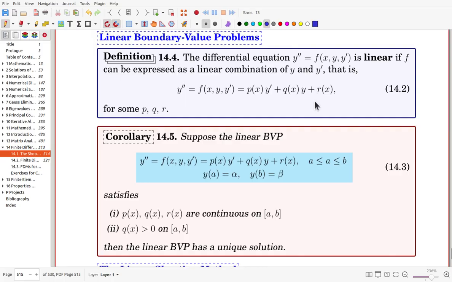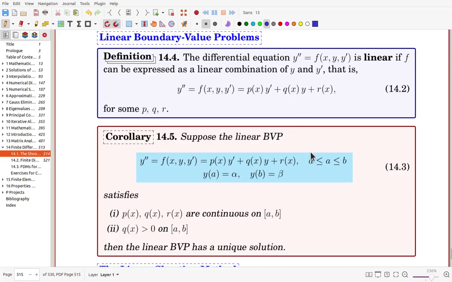Look at this equation. y'' is f. f is a linear combination of y and y', along with the functions of x: p, q, and here the function of x, r. So it is a linear combination of y and y'. Then we call it a linear differential equation.